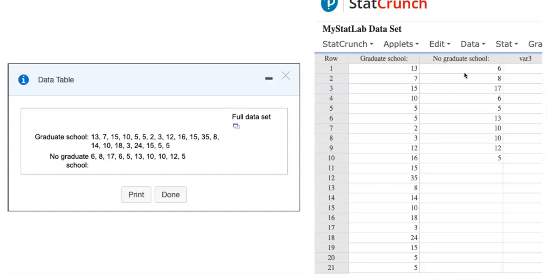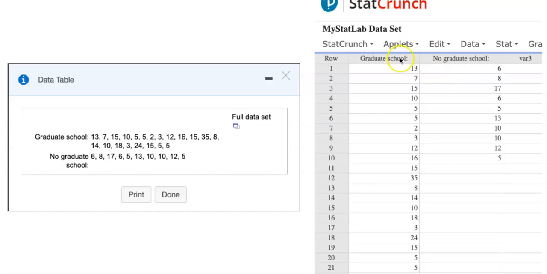We will see some crazy number for the degrees of freedom when we do the significance t-test, because there's another way to calculate the more accurate degrees of freedom when the sample sizes are not the same, when we're working with these two samples. But what we're going to do is let StatCrunch do the test for us, and we're going to focus more on the interpretation so that we can use the technology and really try to answer the question in this chapter.